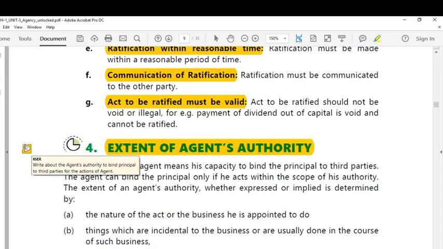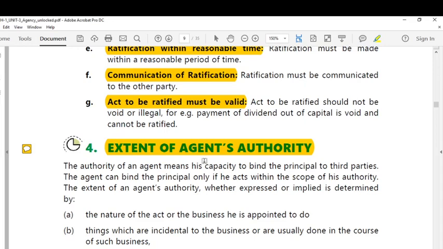So the next important possible question from the course content is: write about the agent's authority to bind the principal to third parties for the actions of the agent. So, what is the authority of an agent to bind the principal to third parties?